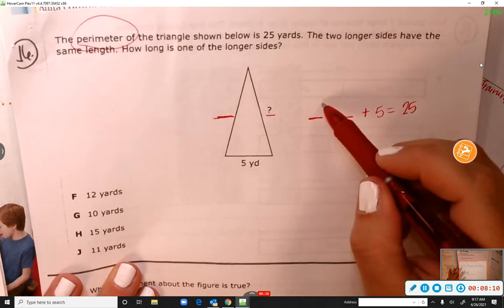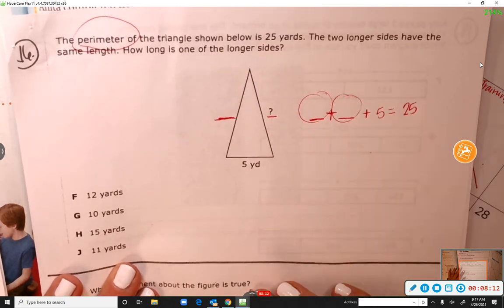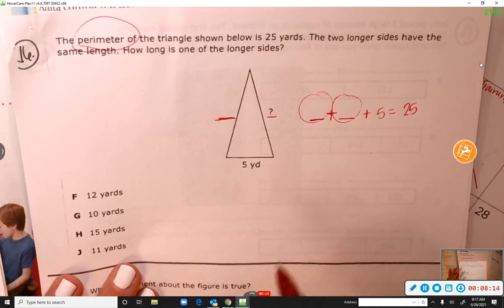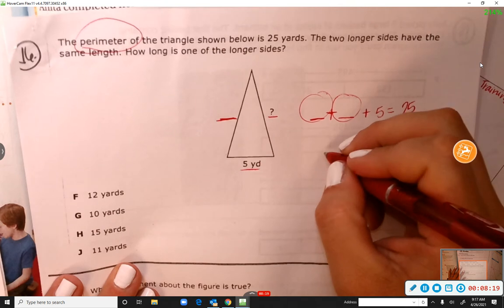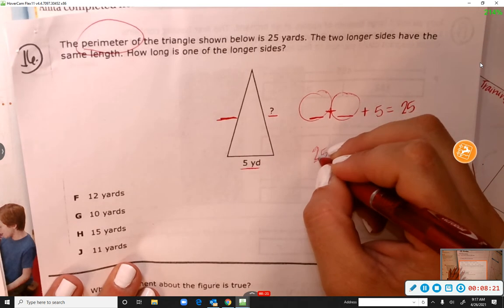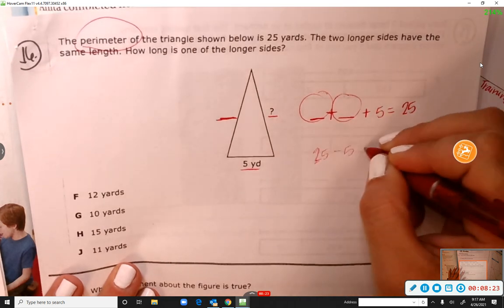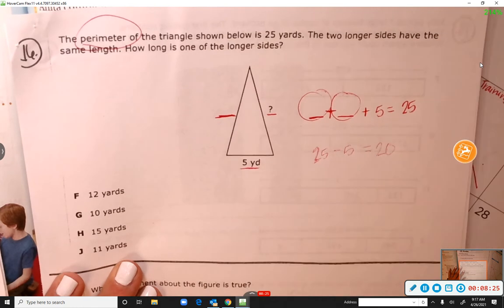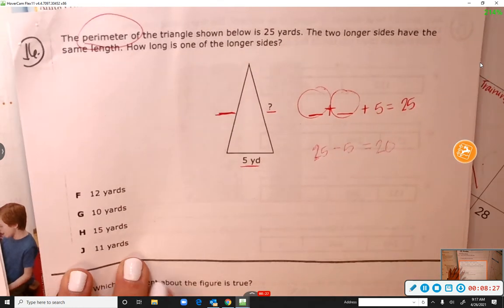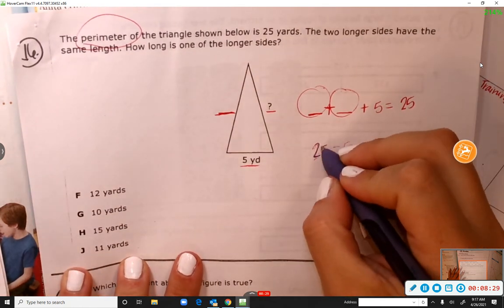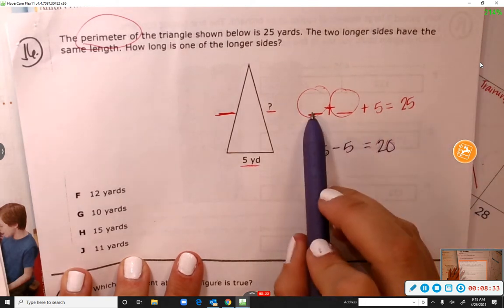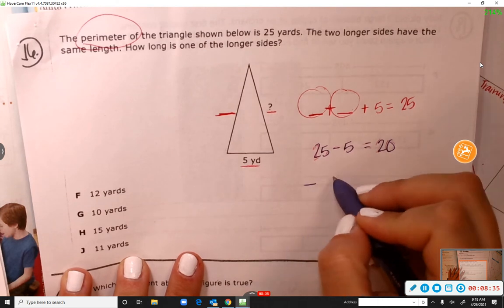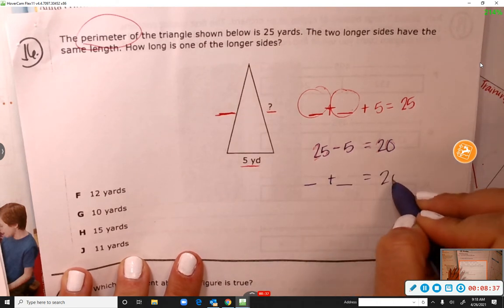So to find these two missing sides, the first thing I had to do was subtract the side we know. So 25 minus 5 is what? 25 minus 5. 20. Hold on, let me switch pens. Okay, so that means these two leftover sides add up to 20. Okay, so what plus what equals 20?